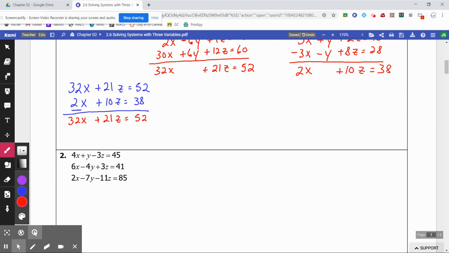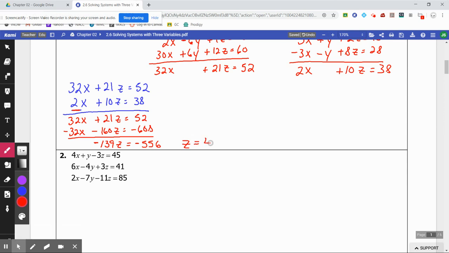And my second equation, I'll multiply by -16, and that's going to give me the -32 right here that I'm going to need to cancel with my 32x's. Now, as I add these two new equations together, look what happens. The x's are completely gone, and I'm left with this. And solving this little one-step equation, divide by -139, you find out that z is equal to 4.